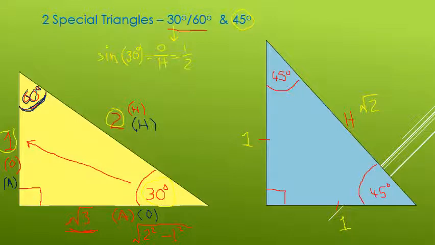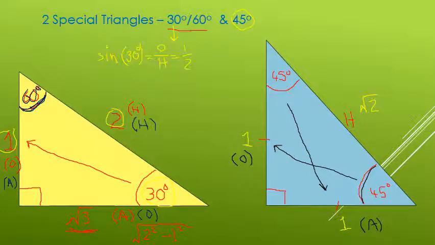When we get to the 45-degree triangle, the easy thing to remember here is opposite the 45 is 1, and you'll notice if I went this way, opposite 45 is still 1, and if we're concentrating on this 45 degrees here, this would be the adjacent side.